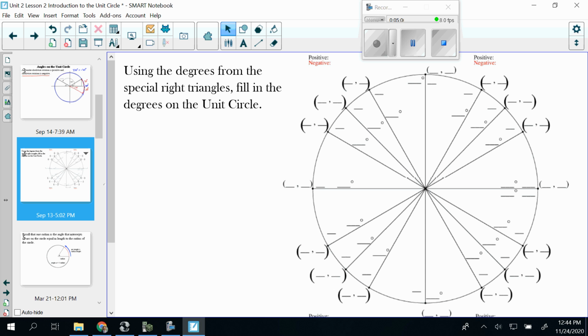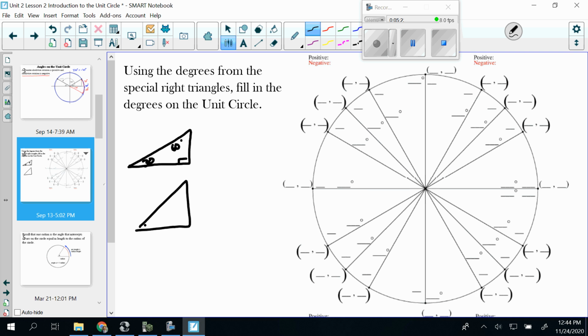All right, using the degrees from special right triangles, we're going to fill in the 16 major points of this. Remember our two special right triangles that we've looked at before? That's our 30-60-90 triangle, and also our 45-45-90 triangle.